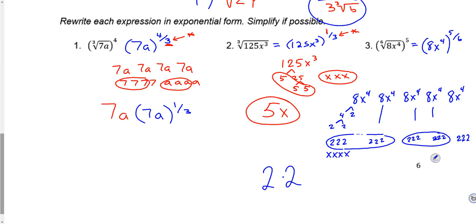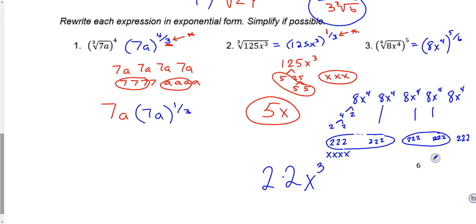I should be able to make 3 groups. So this would be x to the 3. So if I made 3 groups of 6, that's a total of 18, right? But you told me there was 20. So how many are left? There's 2 x's left. So why 2?